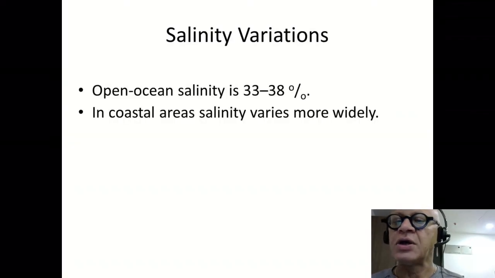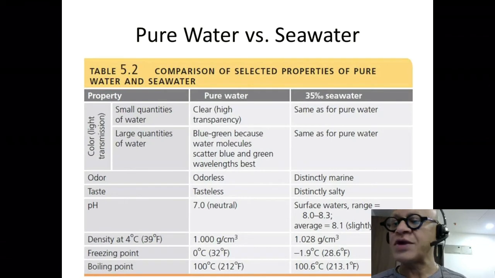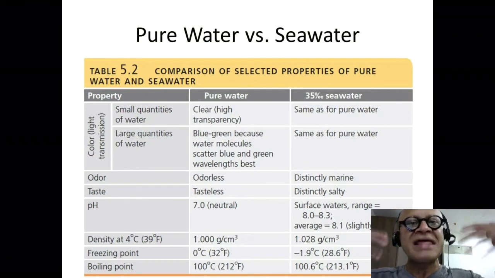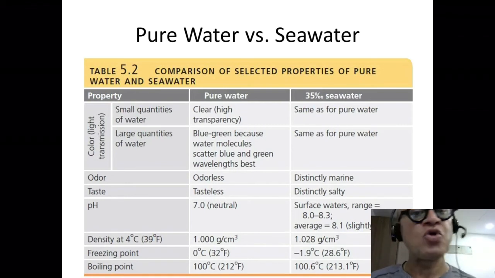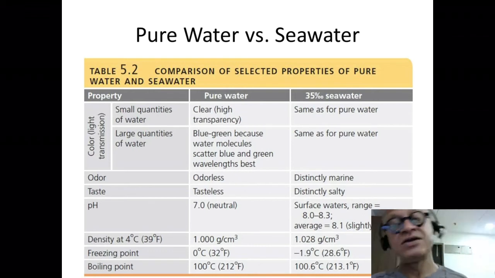The pure water has no odor, whereas the ocean water, as you get near the ocean, you begin to smell the ocean. Has a very distinct marine smell. Pure water is tasteless. In fact, to make water taste better, purified water, for example, adds back some minerals.